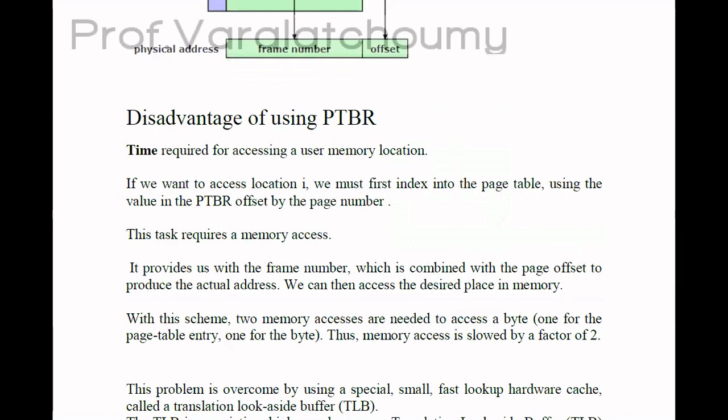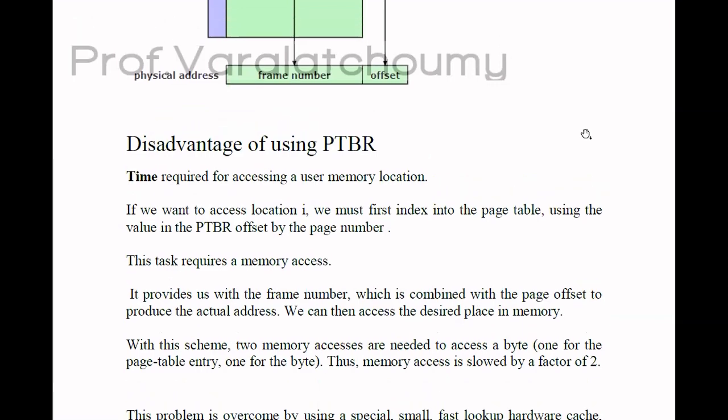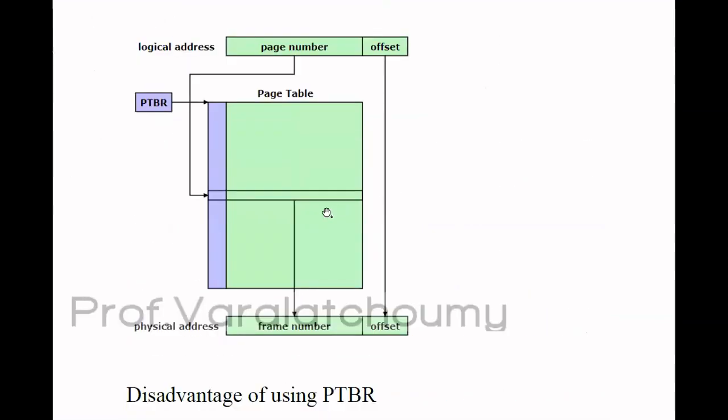Before we access any particular page or frame for the process, first we need to access the page table of that process, then identify the page number and frame number combination, then move to that location in the physical memory in order to locate a specific instruction. So it is almost like accessing the physical memory twice.